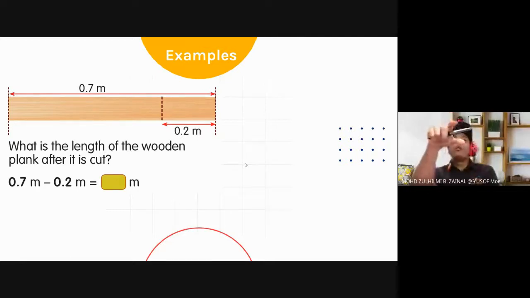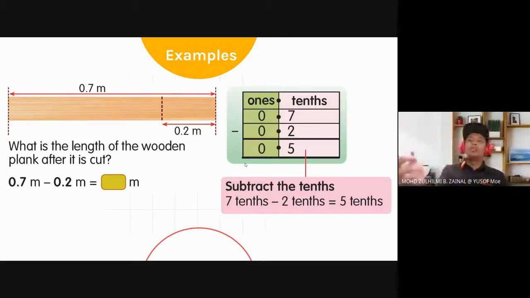So 0.2 tu kamu potong tu maksudnya you subtract from the original. So 0.7 minus 0.2. Then what should you do? Macam biasa, buatlah bentuk lazim. Do in standard written method. Make sure to write in standard written method.